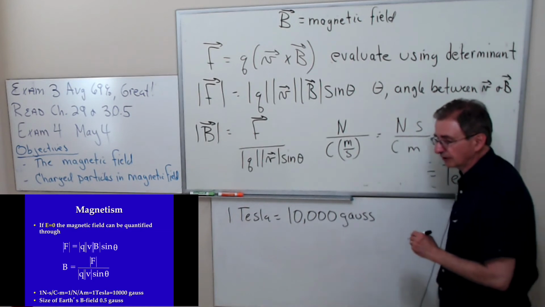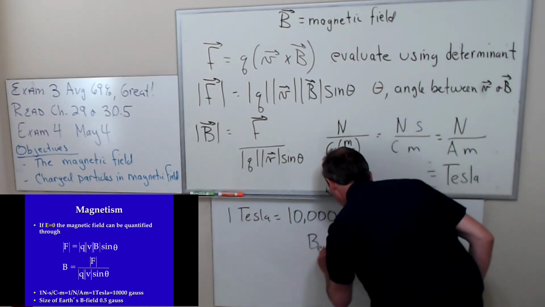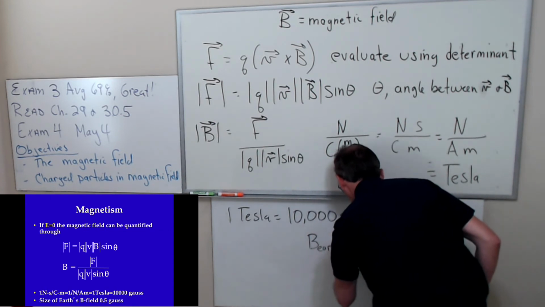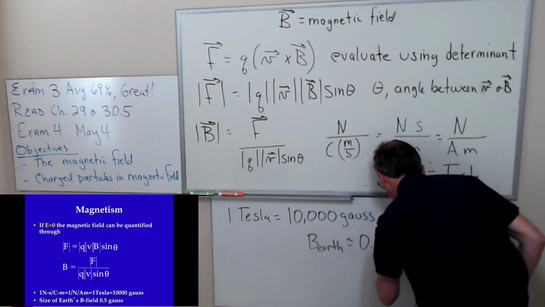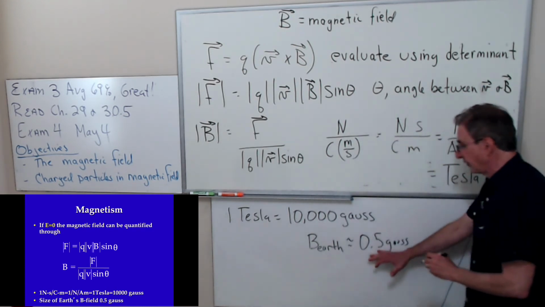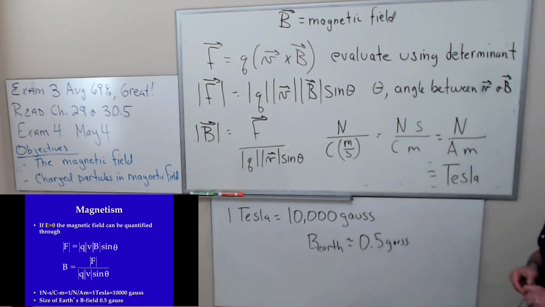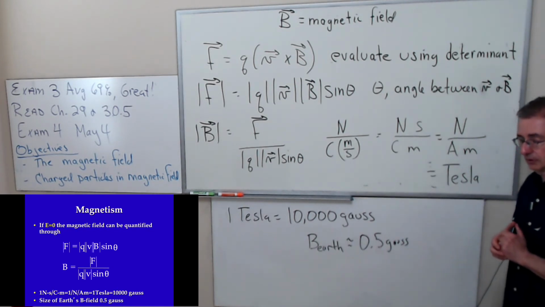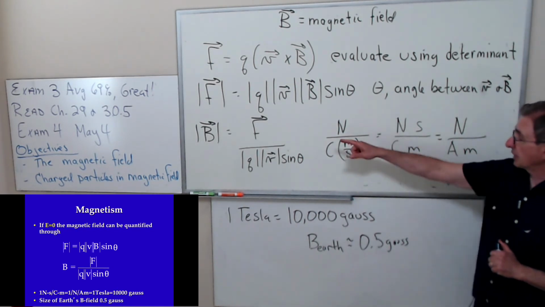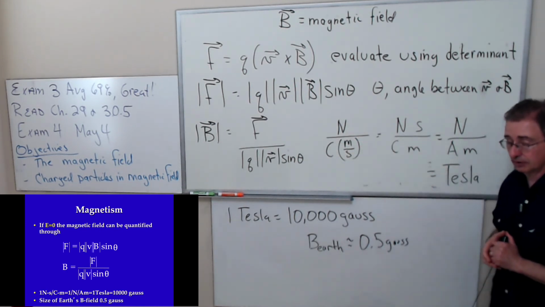The size of the Earth's magnetic field is approximately half a Gauss. Of course, this varies, but this is an approximate value. And so, by measuring the force, we can quantify the magnetic field in this method.